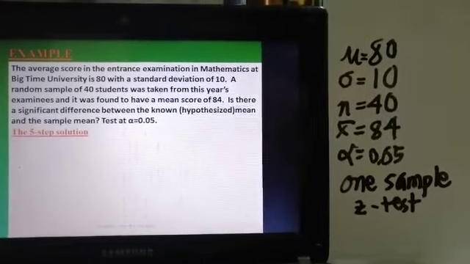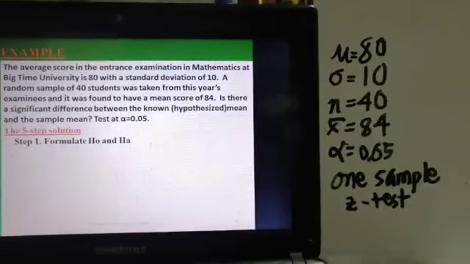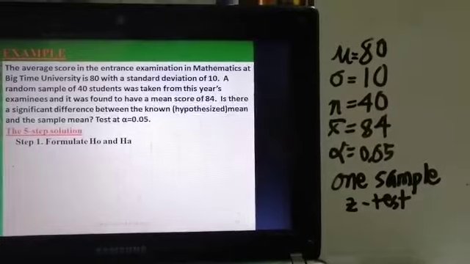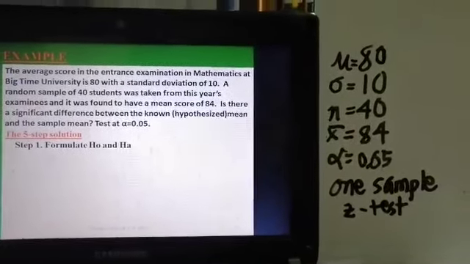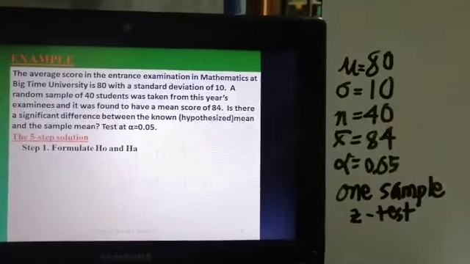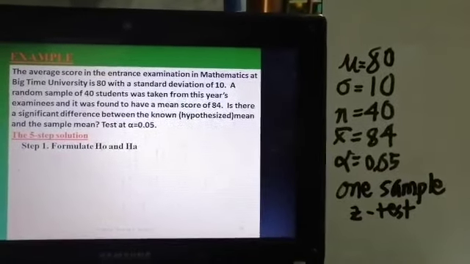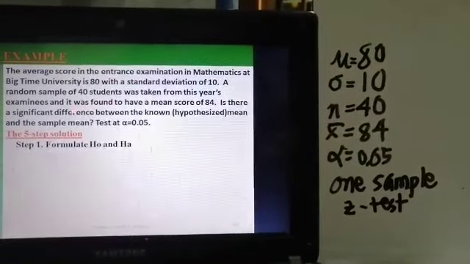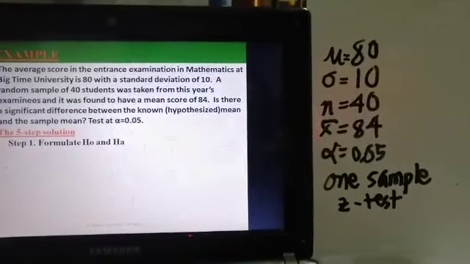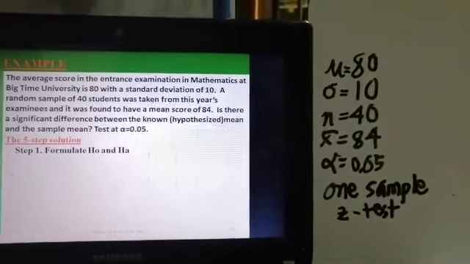Now, I would like you to recall the steps in hypothesis testing. So, the first step, if you may recall, is to formulate H0 and HA. What is the original claim in the problem? Notice that we just have this question: is there a significant difference between the known mean and the sample mean?